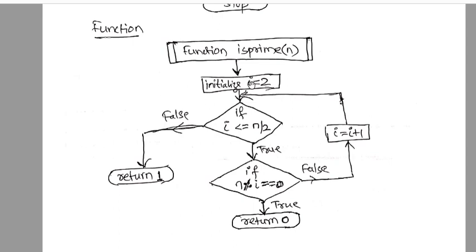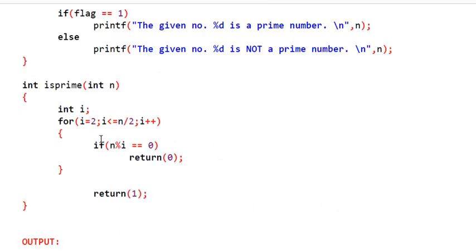First i is equal to 2, initialization. After that, it will check if i is less than or equal to n by 2. If the answer is true, it will go inside, and there is one more if condition. What we are checking is n modulus i, whether it is equal to 0.